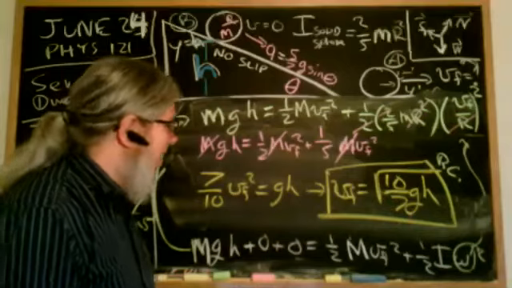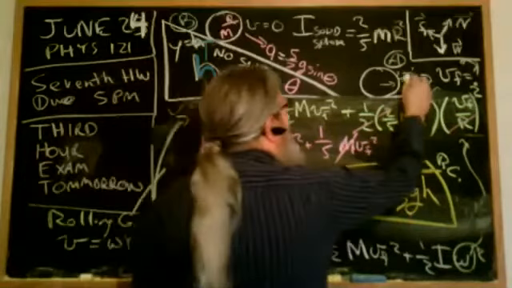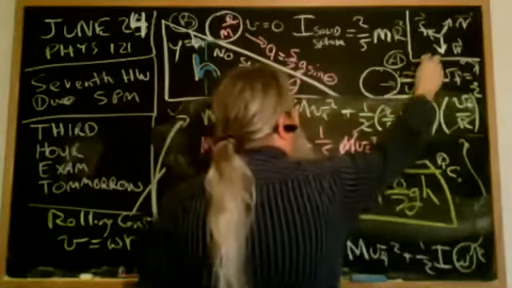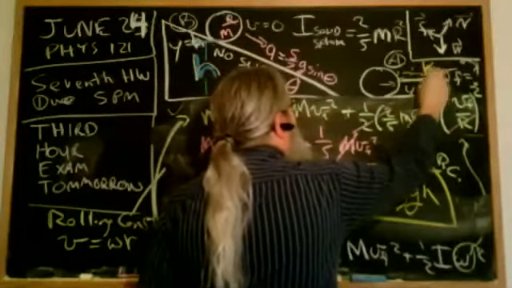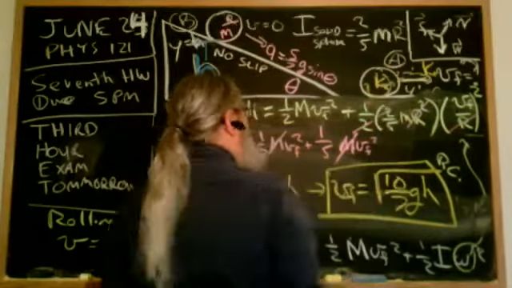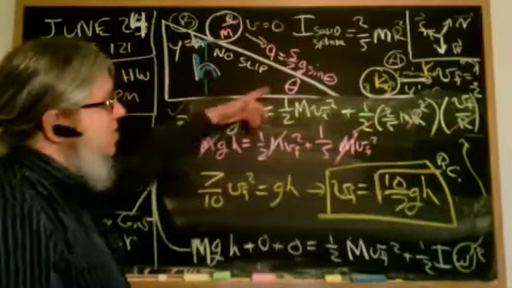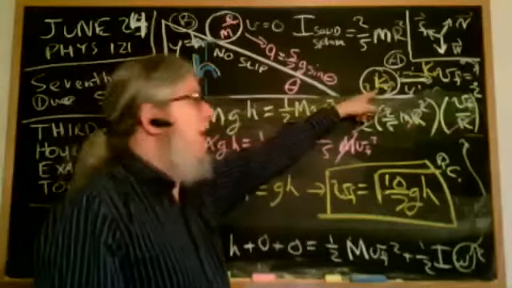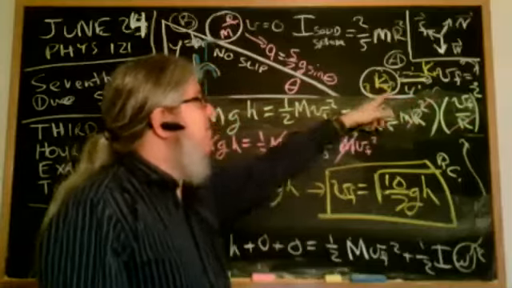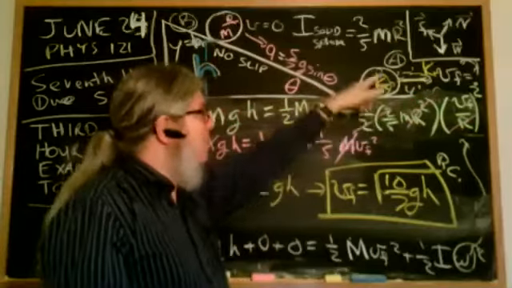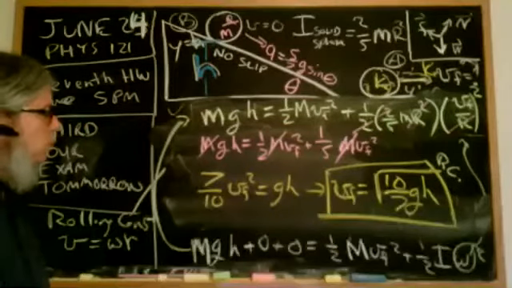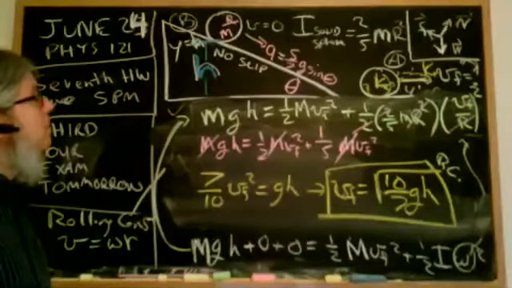And the explanation, of course, is that while I'm rolling here, I have two kinds of kinetic energy, one in the translational form and the other in the rotational form. And those two together are the original energy. So if I'm going to be rolling when I get to the bottom of the ramp, I can't be moving as fast forward, because some of that energy has to go into the rotation. Okay. Any questions about that?